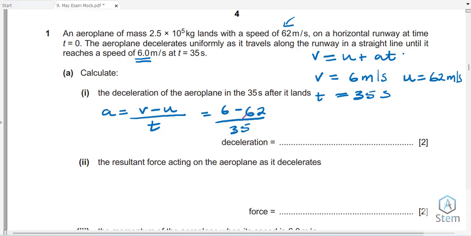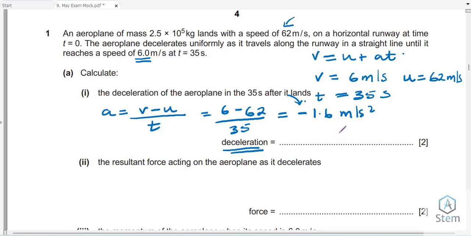And I'll punch in my calculator. We get a deceleration of minus 1.6 meters per second squared. Now, the word deceleration already includes the negative part.